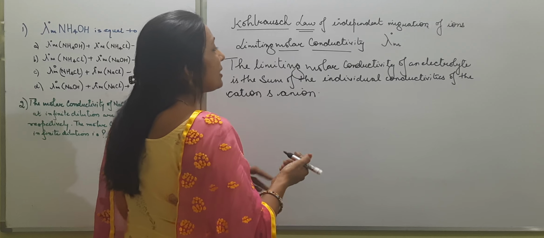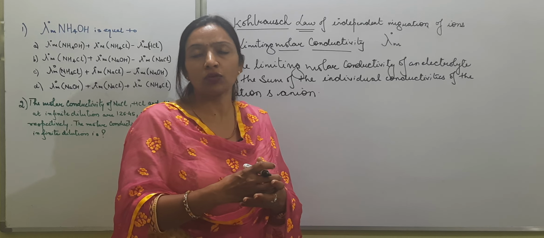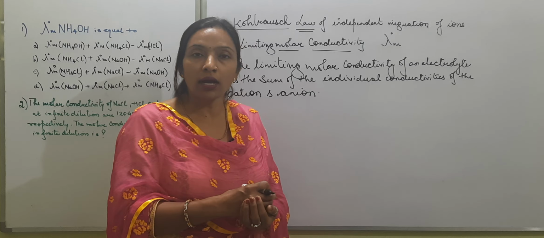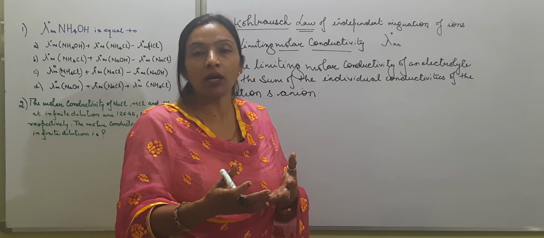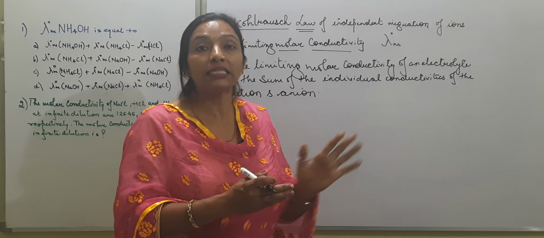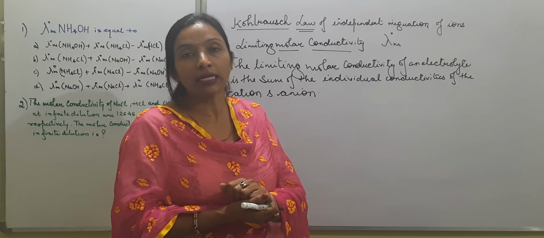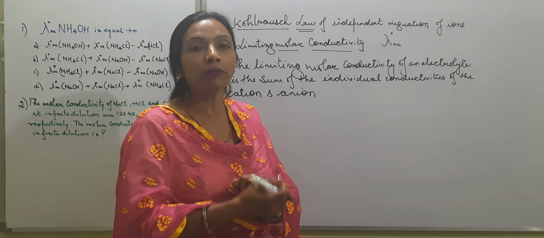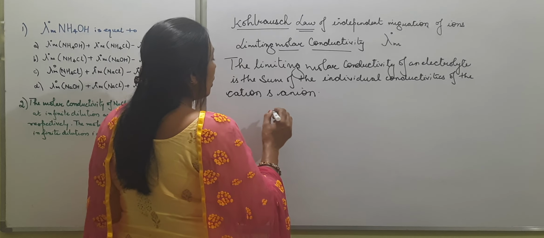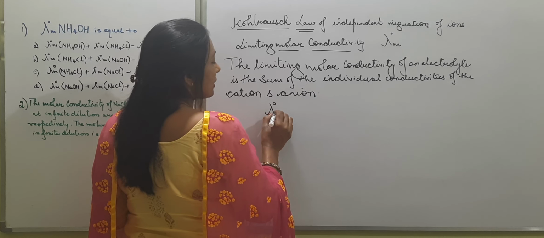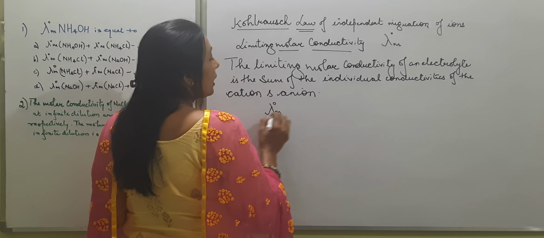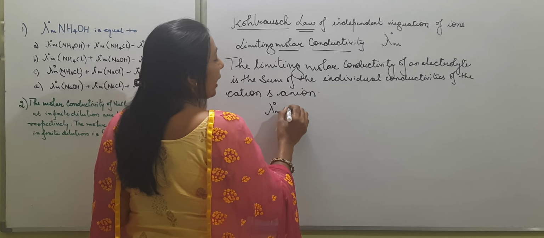So what it says is that when our strong electrolyte dissociates into ions, whatever ions it dissociates into, the sum of both of them is the limiting molar conductivity of that particular electrolyte. For example, here we are talking about the limiting molar conductivity, which we represent in this way, and we are talking about NaCl.